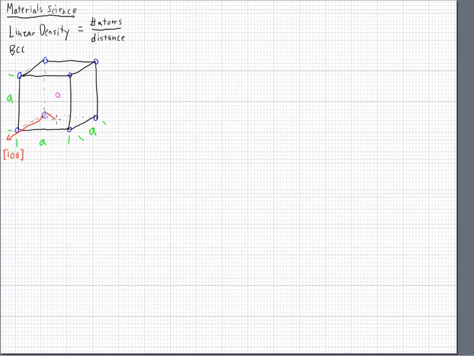Coming out here, we have 1 unit in X and 1 unit in Y. So this is the 1, 1, 0 direction, 0 because it does not go any direction in the Z. Coming up here, it goes 1 unit in X, 1 unit in Y, 1 unit in Z. This is the 1, 1, 1 direction.